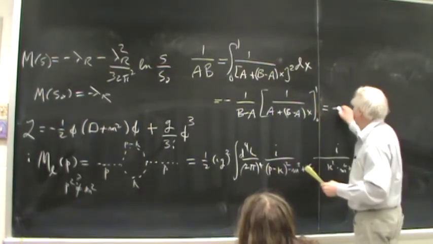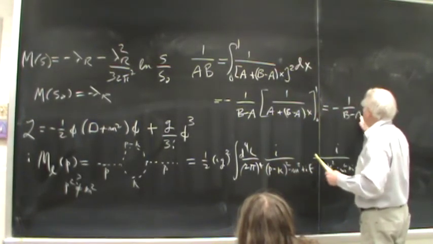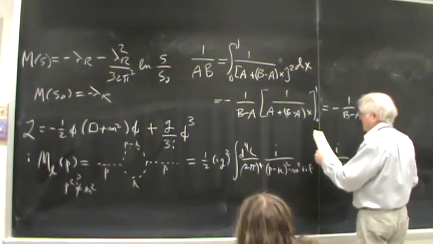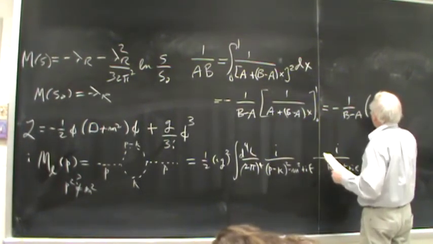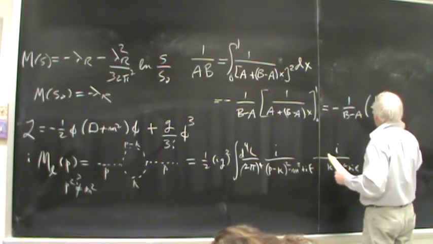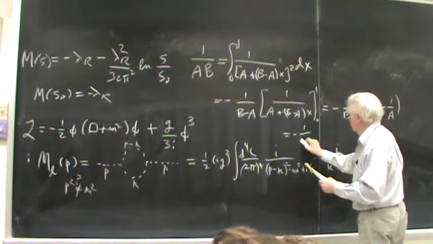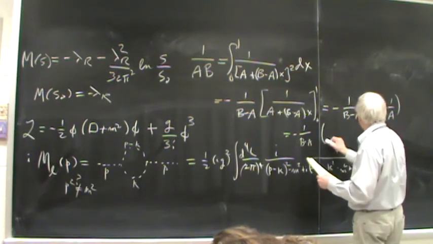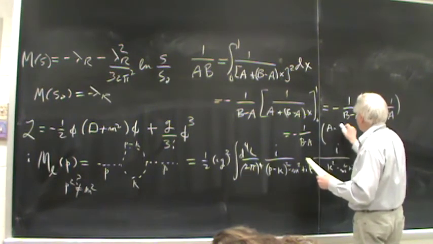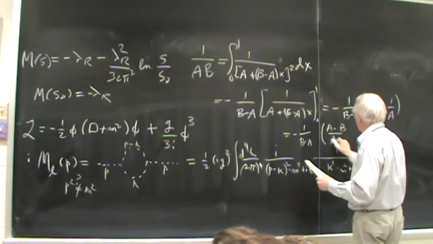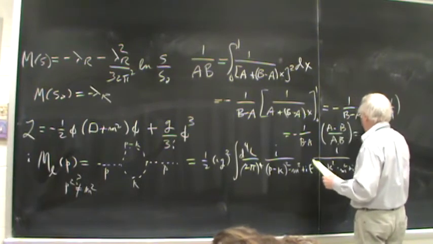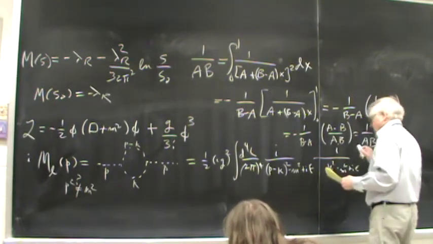And now this is minus 1 over b minus a, 1 over b minus 1 over a. And so this is minus 1 over b minus a times (a minus b) over ab. And indeed, this is 1 over ab.